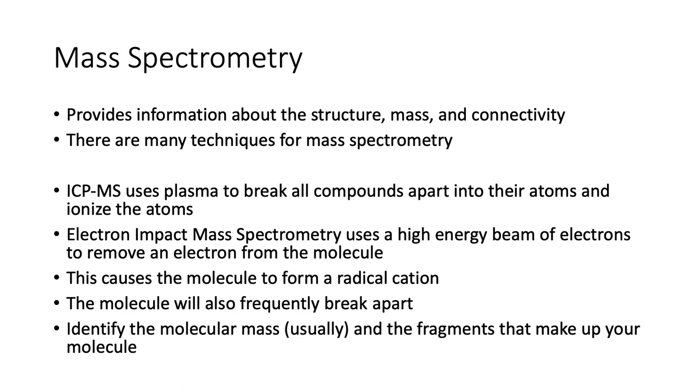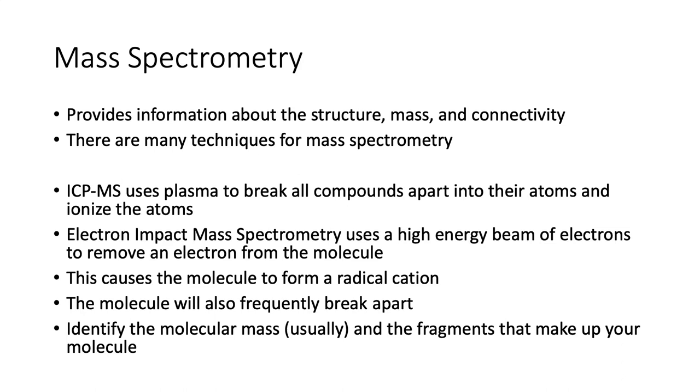But what's going to happen is the electrons will hit the compound and it will eject an electron from the compound. So you'll make what is called a radical cation. It will have one less electron, so it'll be a positive charge, but it only lost one electron. And since it's organic, it will be a radical. This also frequently causes the molecule to break apart, not always.